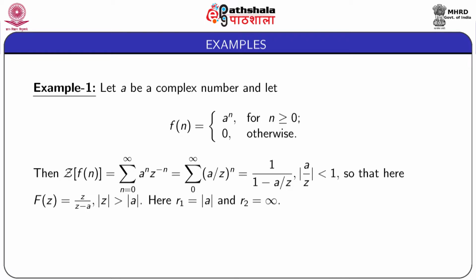Now we consider some examples. Example 1: let a be a complex number and let f(n) equal to a to the power n for n greater than or equal to 0 and 0 otherwise.